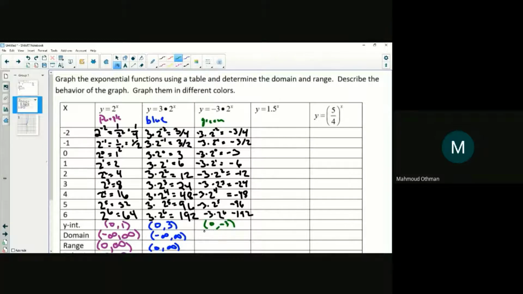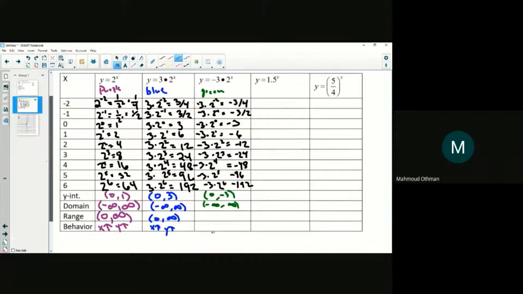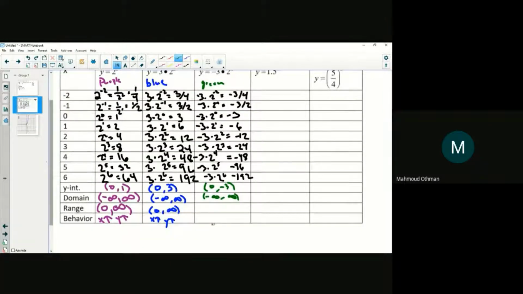The domain is -infinity to infinity. The range is actually quite different for this one. The range is actually going to be from -infinity to 0. This thing never quite touches 0, but it tries to reach it, but it never does.